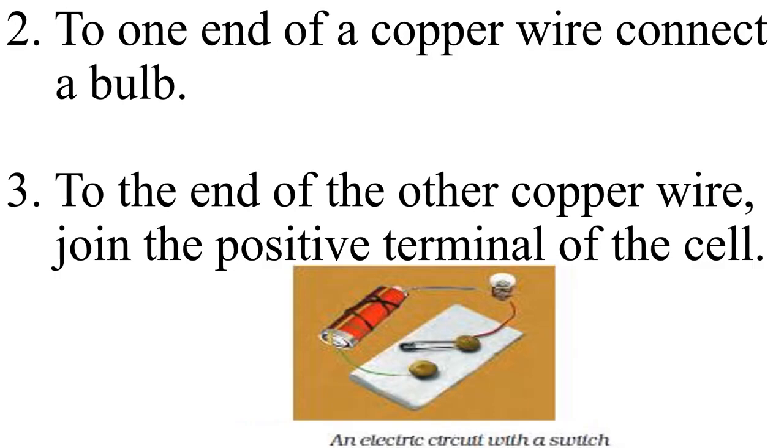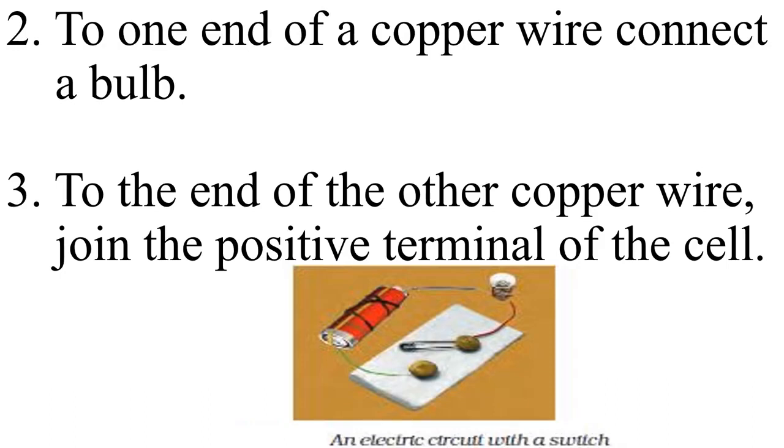Number 2, to one end of a copper wire, connect a bulb. Number 3, to the end of the other copper wire, join the positive terminal of the cell.